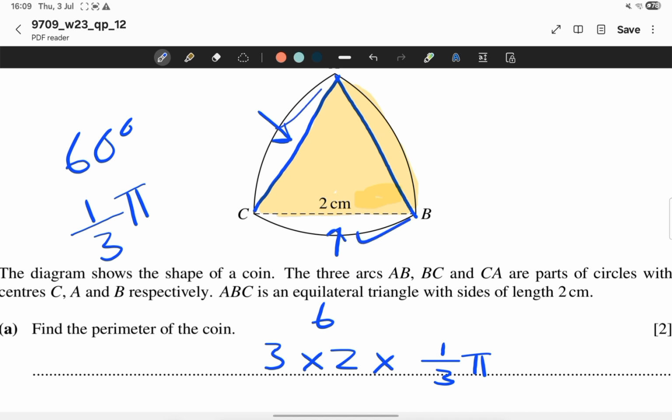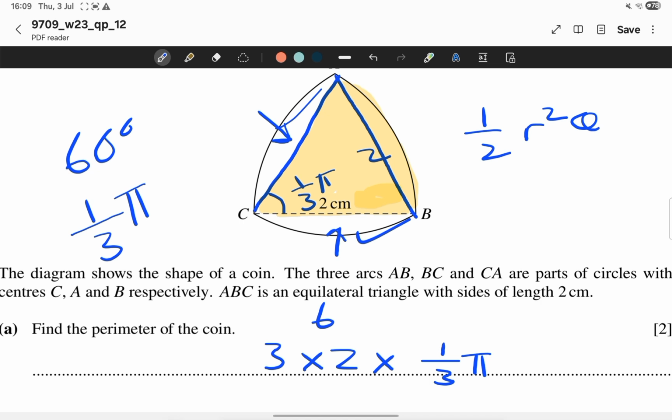So I'm going to say area of a sector, half r squared theta. Because I know this is a third pi, and I know this is 2 for my r, I'm going to get the area of this sector right there.